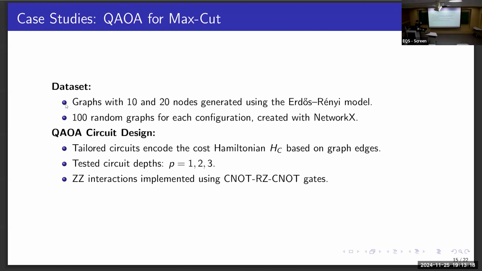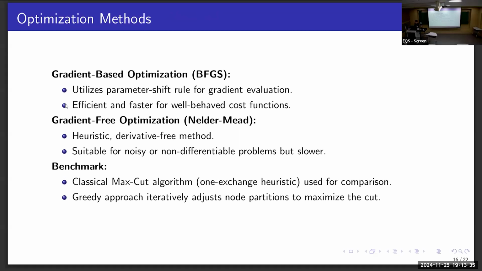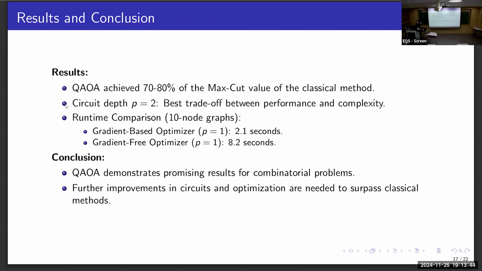So this is a case study for QAOA for max cut problems. This is a data set provided, and this is a design from the paper I read. And optimization methods differ in gradient-based or gradient-free. Results were QAOA achieved 70 to 80% of the max cut value of the classical way, and for circuit depth P, when P is equal to 2, it is the best trade-off between performance and complexity.